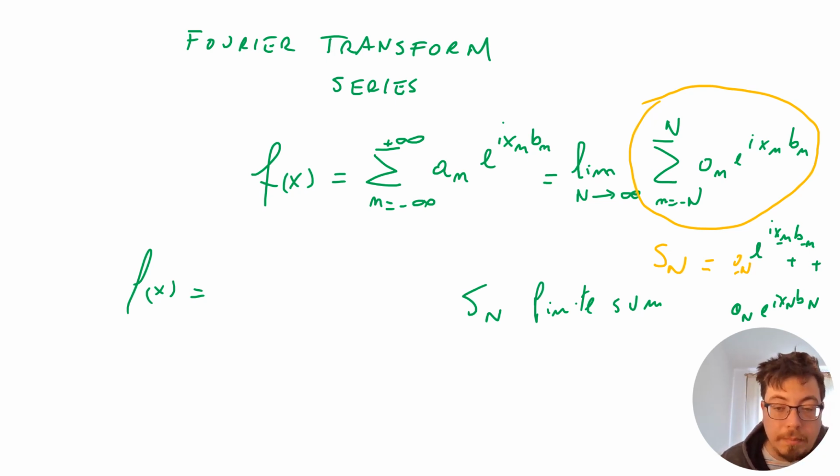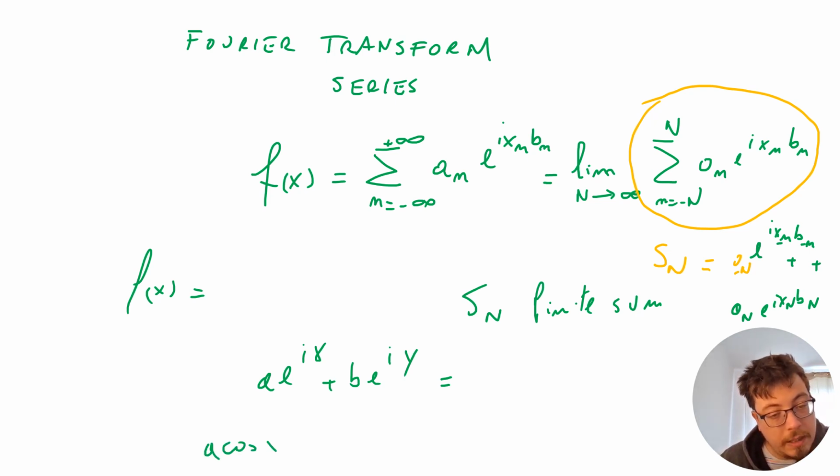We know how to sum complex numbers. If we have a e^{ix} and we sum it to b e^{iy}, for example, these are just two elements of one of these sums. Let's break it into pieces. We have a cos(x) plus i a sin(x).